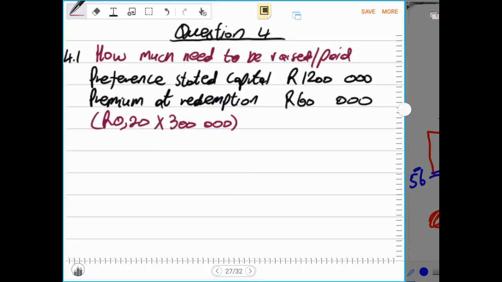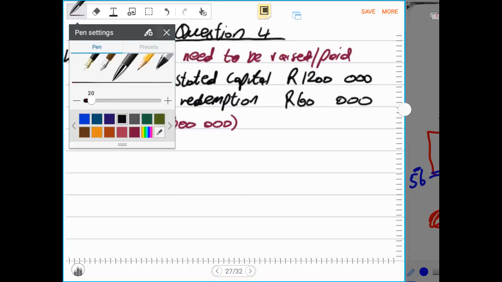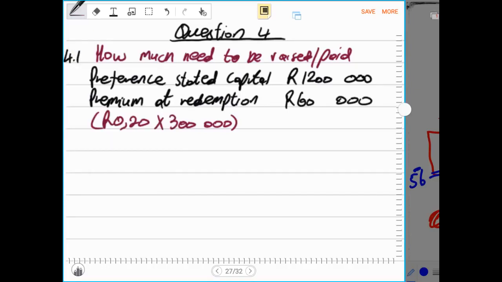So now that I've emphasized it enough, I can do the last part of the calculation of how much is to be paid. Then it will be preference dividends. Now, we have stated that our preference dividends total will be 240,000.